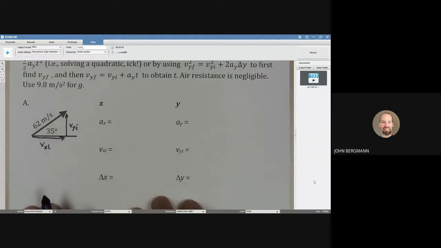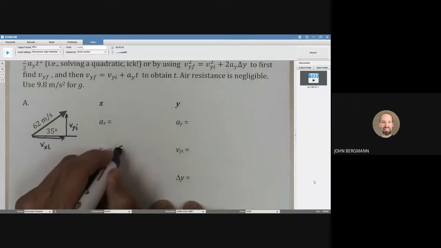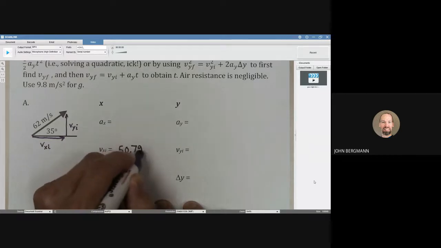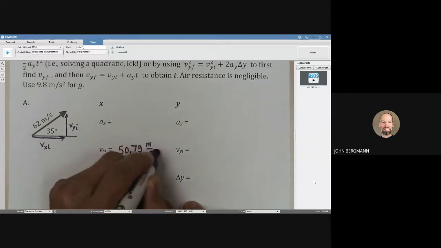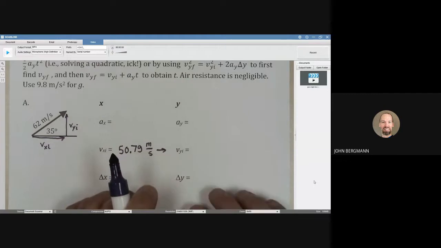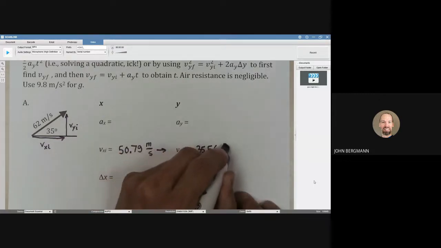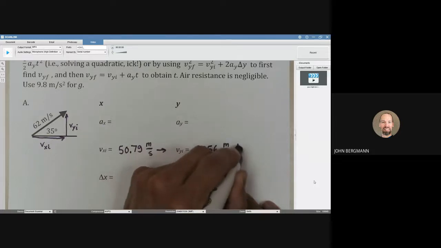You want to use sine and cosine as appropriate, making sure that your calculator is in degree mode. When I calculated this, for the initial x velocity I got 50.97 meters per second, and that is to the right. And Vy, I got 35.56 meters per second, and that is upward.